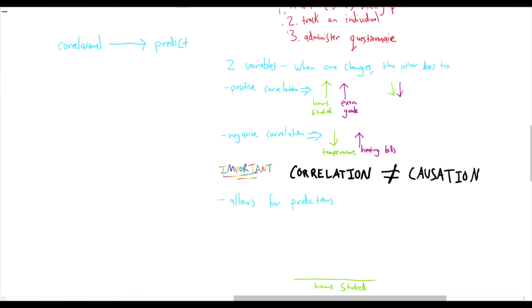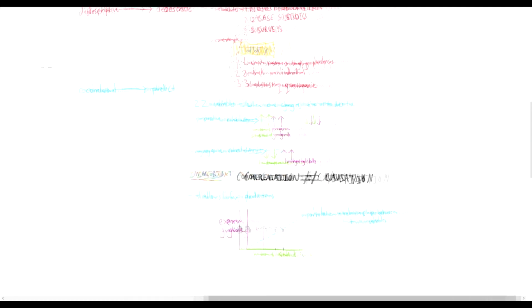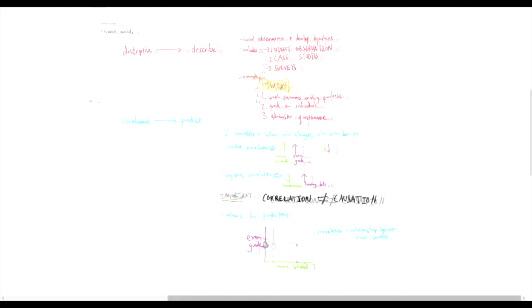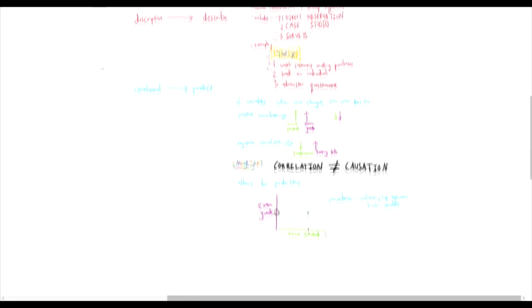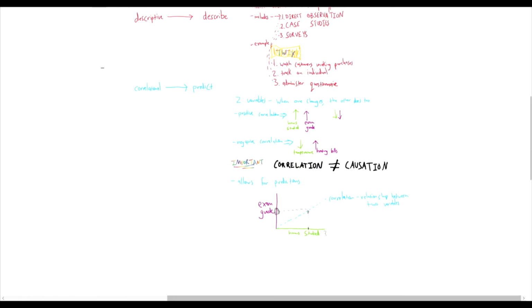If I had these data from my class, you could come and ask me what grade you will get on your first exam. I will ask you how many hours you studied and use the correlation to predict your grade. Of course, there are other factors and life is complicated, so the correlation isn't a perfect relationship, but we can inform our prediction this way. We'll look at how we describe the strength of these correlations in class.